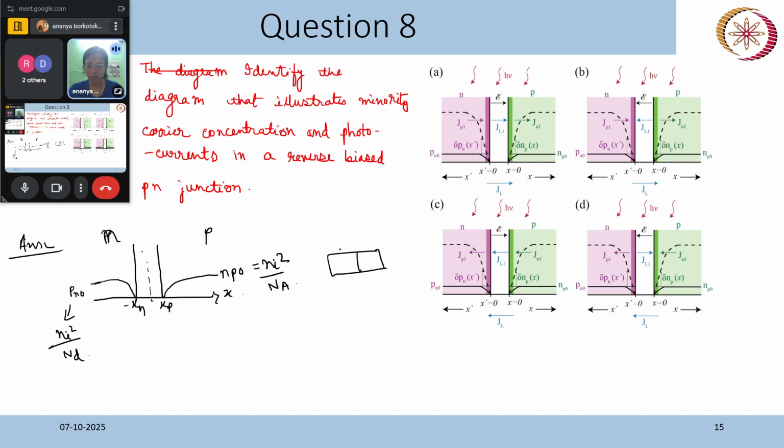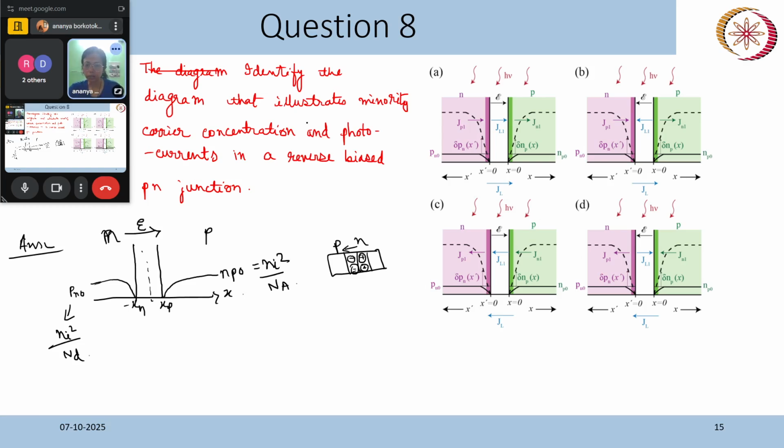We have the PN junction like this, with the depletion region here, ionized acceptors on the P side, ionized donors on this side. So we have an electric field from N to P. So the electric field is in this direction, right? Okay, so among these four, either A or C is our correct option.